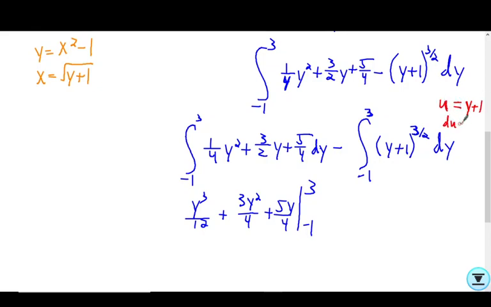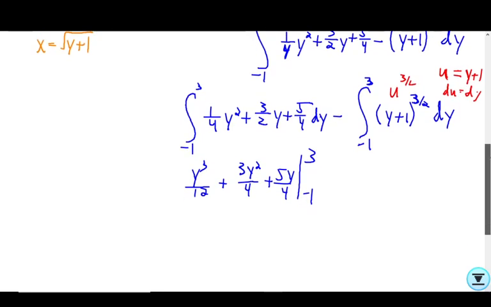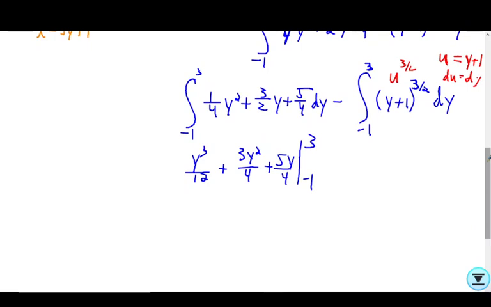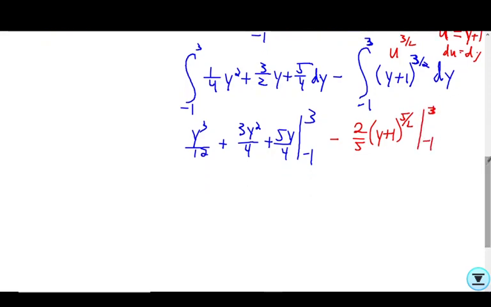So du equals dy. This ends up being u to the 3/2 power. So add 1 to the power divided by the new power. So you end up getting 2/5. This is minus 2/5 (y plus 1) to the 5/2 power from -1 to 3. Okay? A problem we've done a bunch of times. So now we just plug in and go.